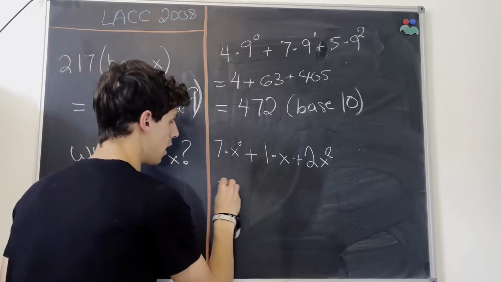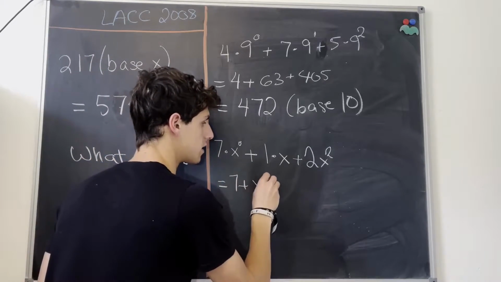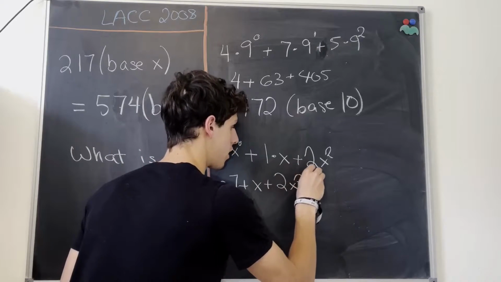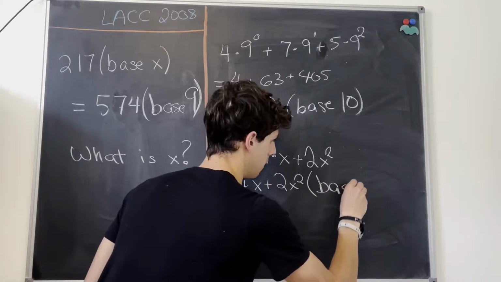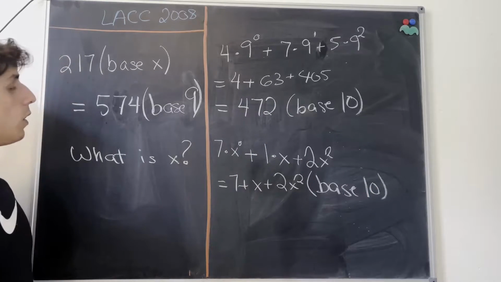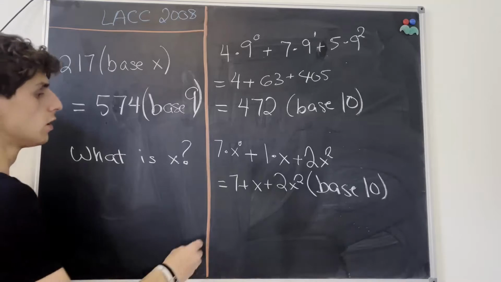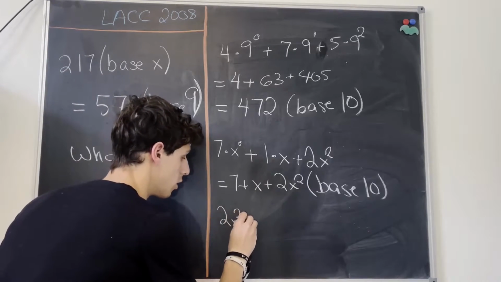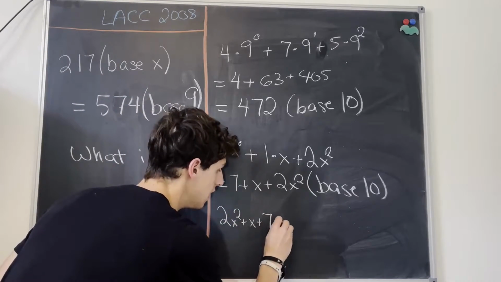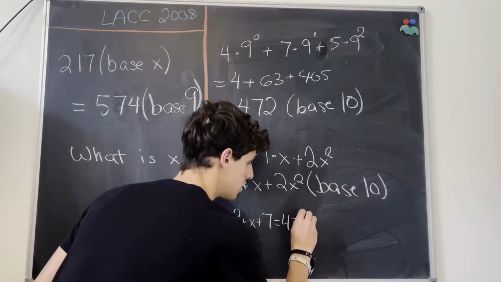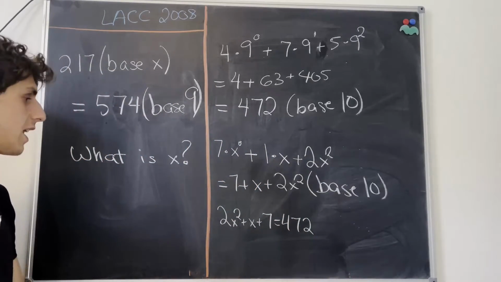But now adding all that up, we get 7 plus x plus 2x squared, and this is base 10. But now we can set these equal to each other because we know that these two expressions are equal. So we have 2x squared plus x plus 7 equals 472. And this is all base 10 now.